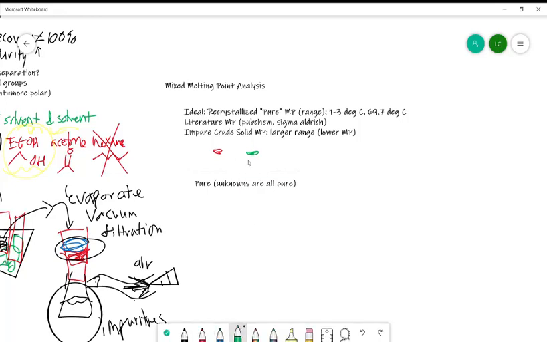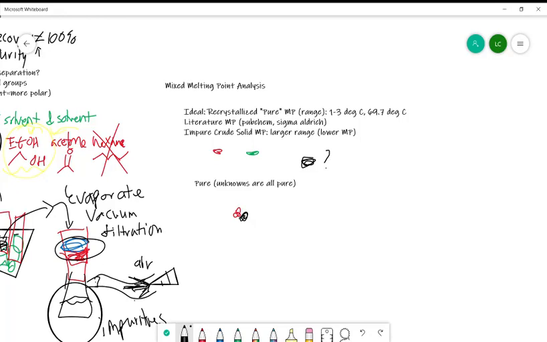Let's say you knew what they were and then lost the identification. So let's say we have another compound and we don't know what it is. Essentially, what we need to do is mix this one.